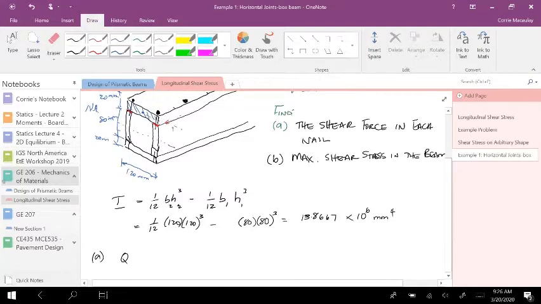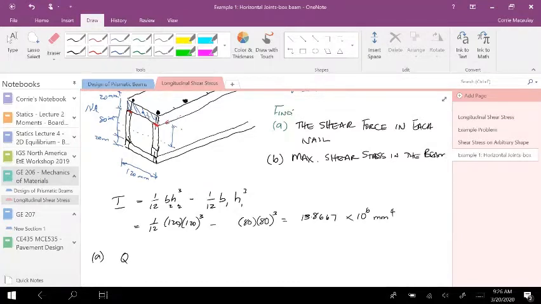So therefore this is my Y. You go from the neutral axis to the centroid of the area that's in question. And Q again can be the area below or above the neutral axis, or the point in question where you want to calculate shear stress or shear force.